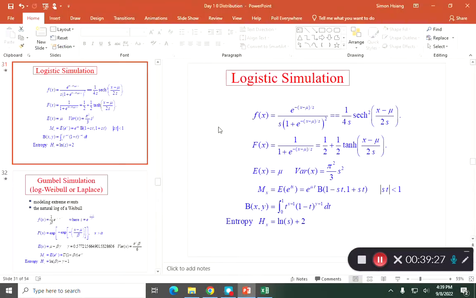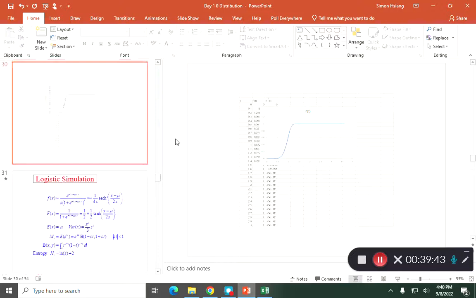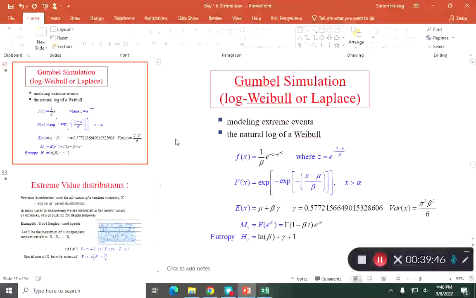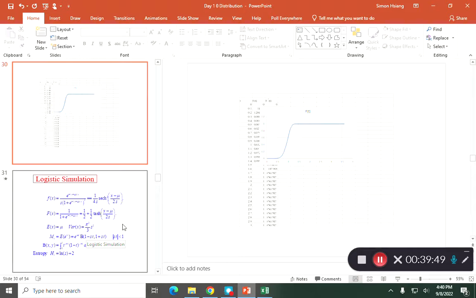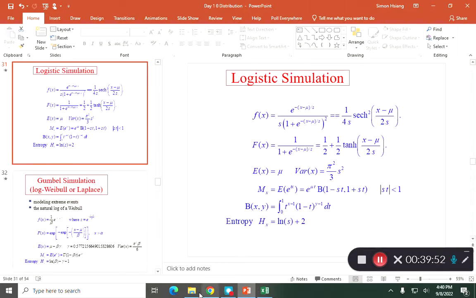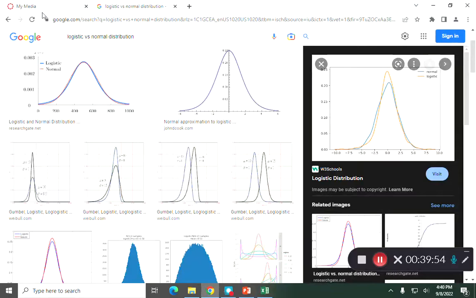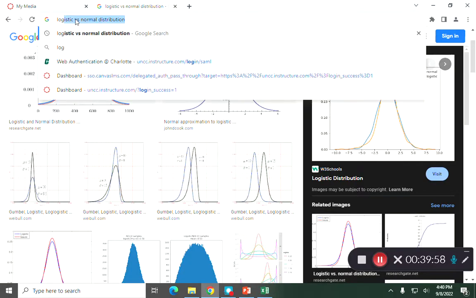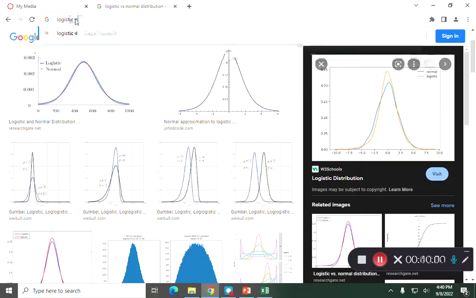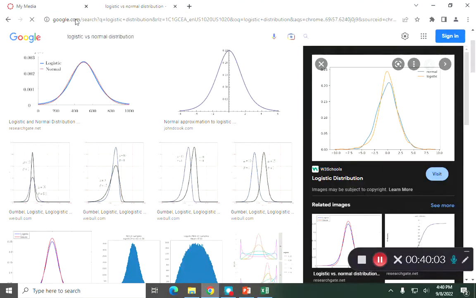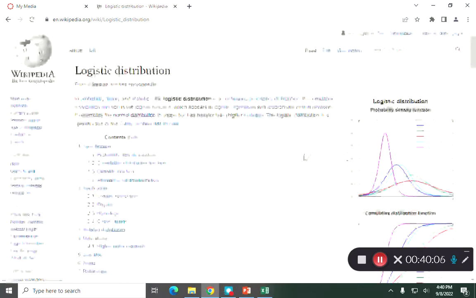Next, the function usually looks like this. Let me see if I can find it. Let me use the logistic distribution and directly use these things.